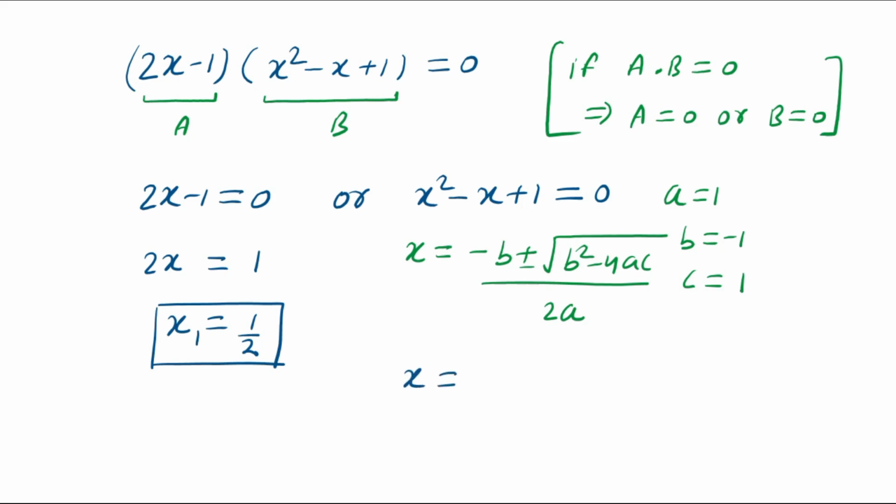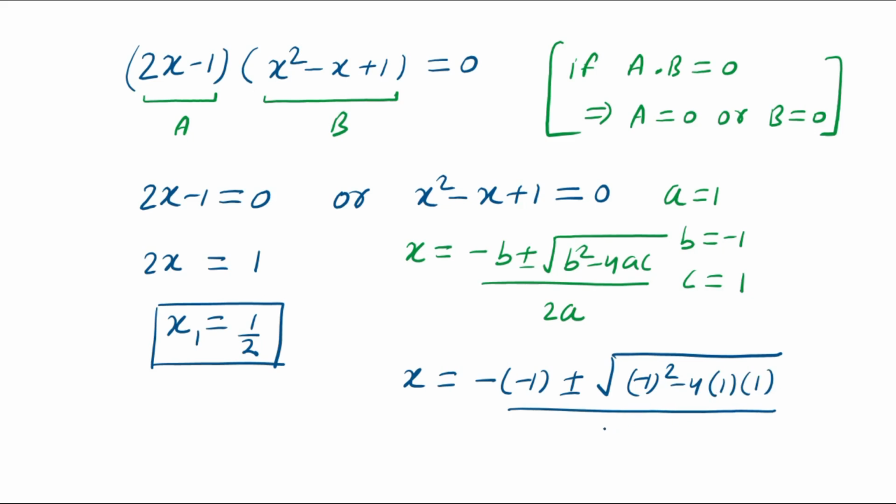Then x is equal to minus the value of b, which is minus 1, plus minus square root of b square, and b is negative 1. So here negative 1 square minus 4 times the value of a which is 1 and the value of c which is 1, over 2 times the value of a which is 1.